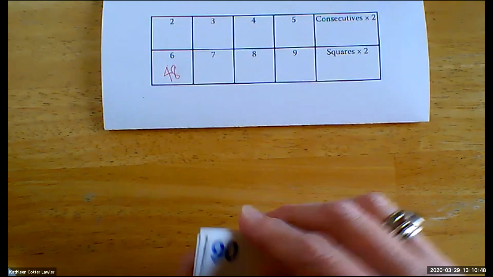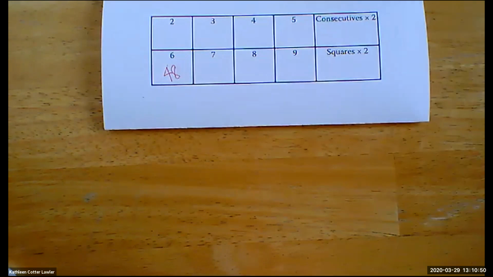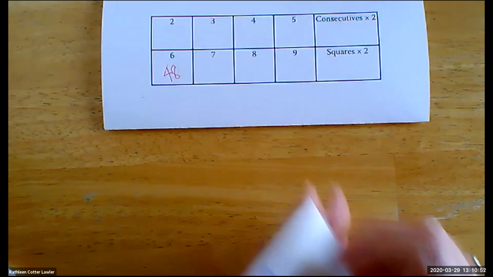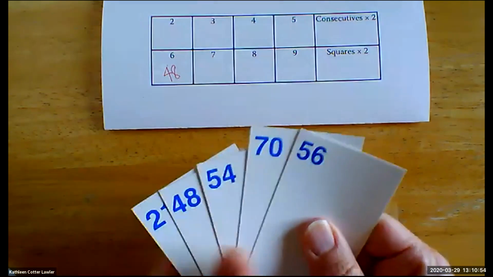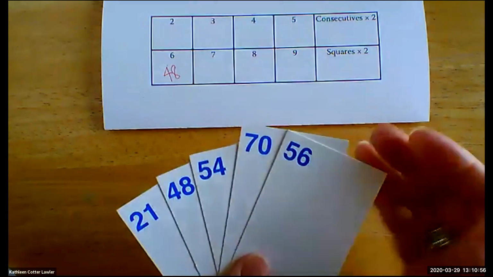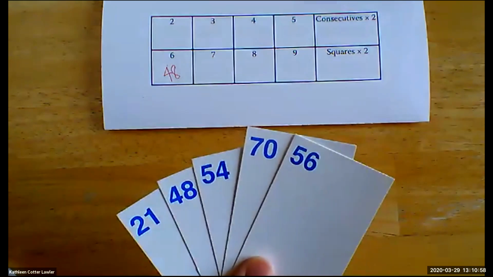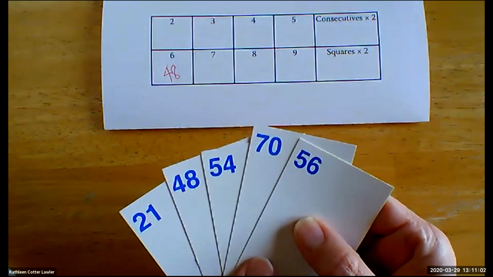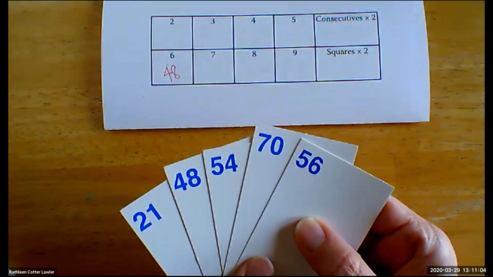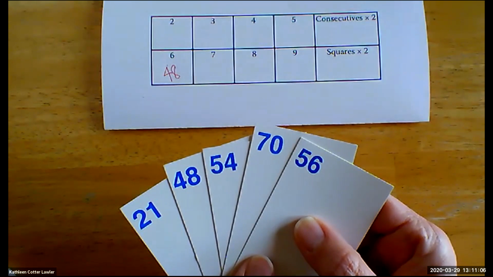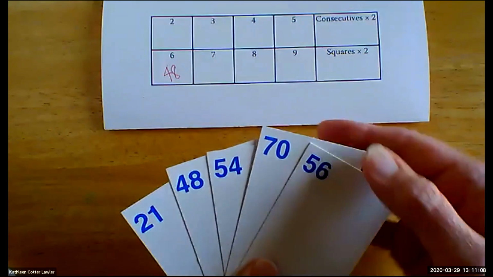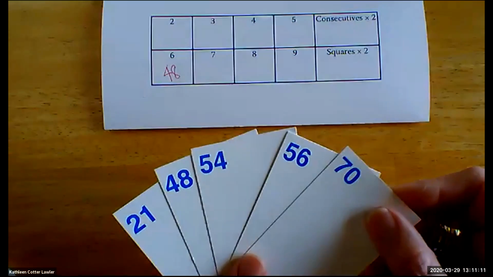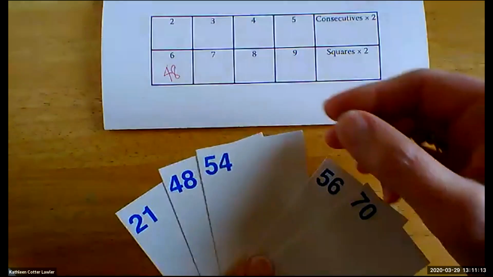Okay. So I set these cards aside and I get another 5 cards. So here's my next 5. Now, again, if I was playing with 2 people, the other person would take their turn. I would take my turn. I'm just going to show you what one person's looks like. Okay, what do we see here? What multiples do we have here? What is anyone seeing? I'm seeing 7s. This is a 7.